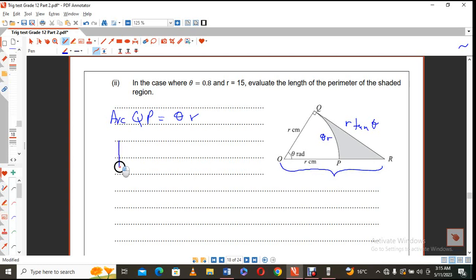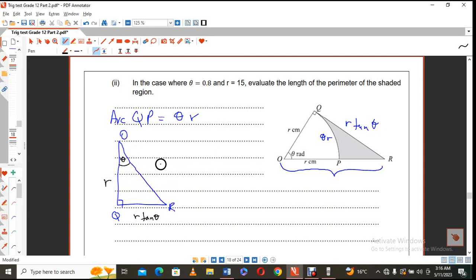So I have a right angle triangle, like so. This here is Q. This here is O. And this here is R. Another thing that I know is that this angle here is theta. QR has been calculated as r tan theta. OQ is r. So I'll use the same ratio.